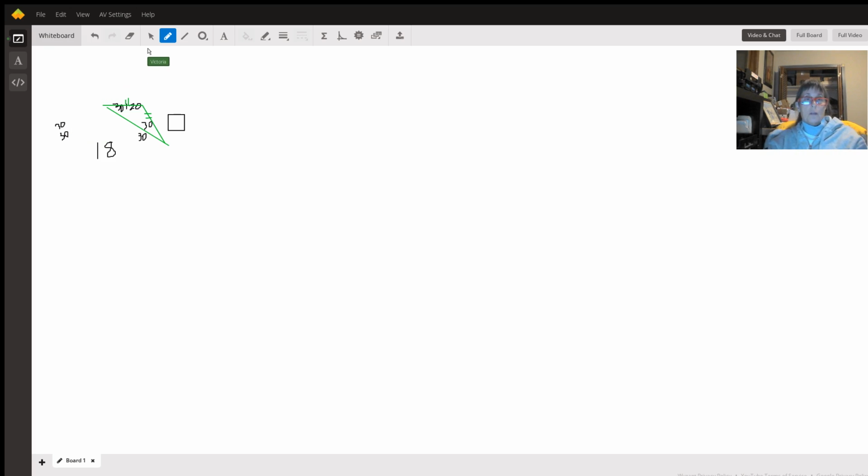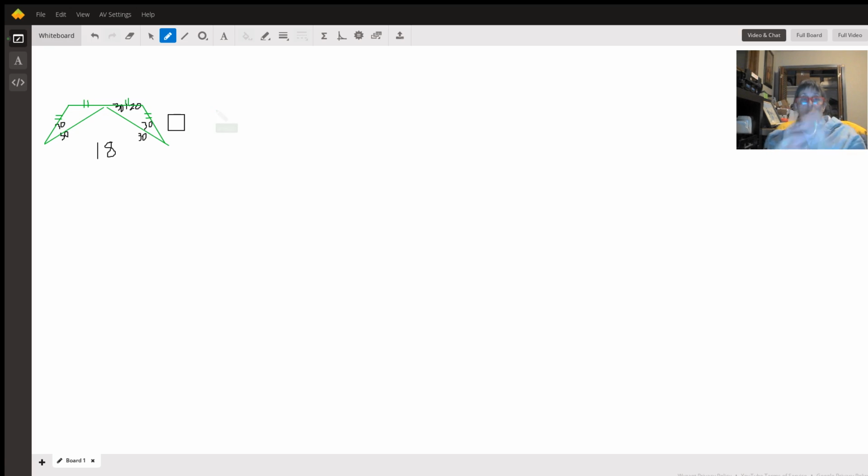And likewise, I have a green triangle over here that is also an isosceles triangle because both of the base angles are 30 degrees, which means that this side is congruent to this side.